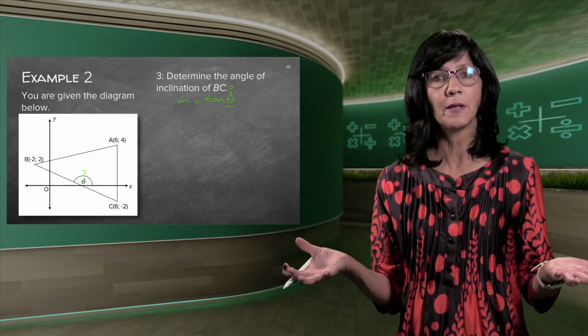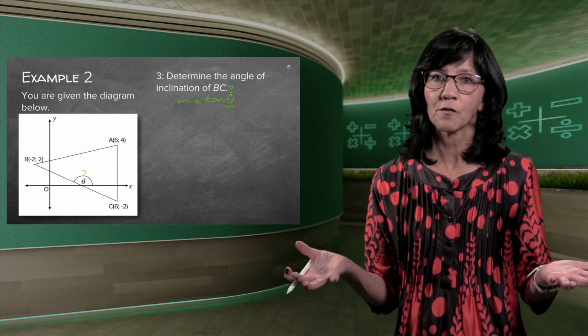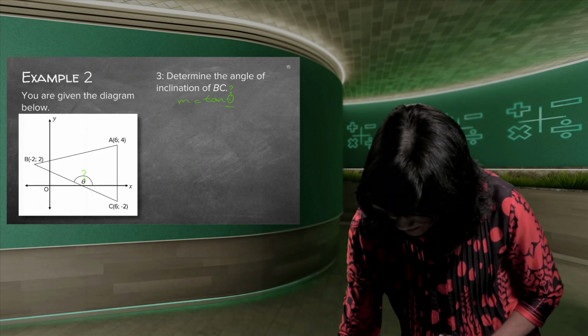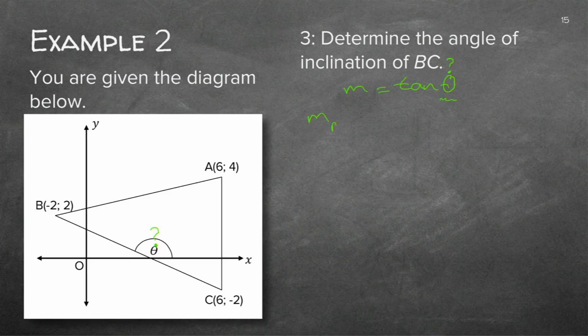Oh, but they didn't tell me the m. But luckily, you've got lots of formulae. You've got a formula, the gradient of BC. Now, I'm going to quickly show you something else that works very easily. Gradient is usually y2 minus y1 over x2 minus x1. But I'm getting lazy now to write x1, y1, x2, y2 on top of every point.